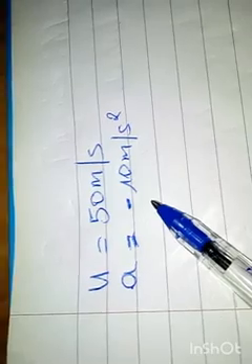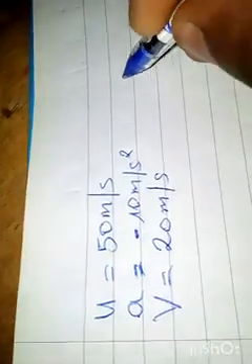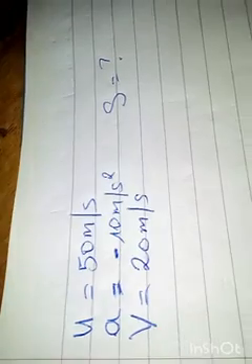It means acceleration is equal to negative 10 meters per second squared, because this is acceleration in the negative direction. And the car decelerates to a velocity of 20 meters per second. Now calculate the distance traveled.